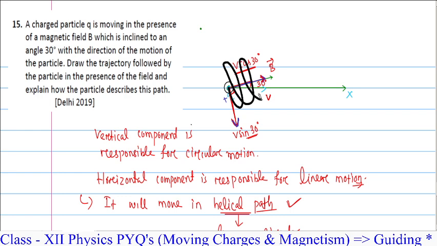The direction of force is outward, so first of all it comes out, and then moves along the helical path. Clear? So this is how it will follow the trajectory.